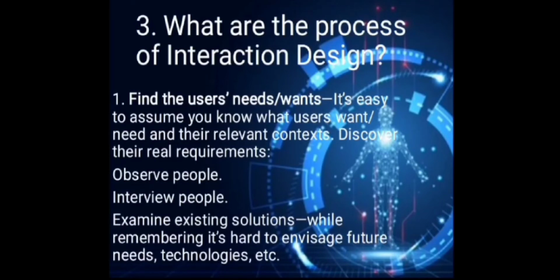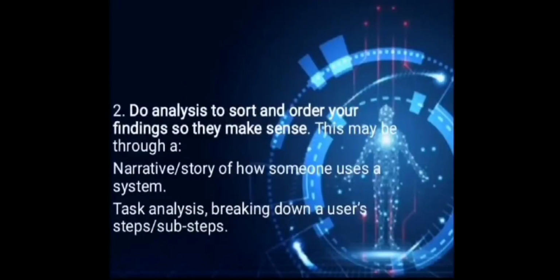Examine existing solutions, while remembering it's hard to envisage future needs, technologies, etc. Second is to do analysis to sort and order your findings so they make sense. This may be through a narrative or story of how someone used a system, or task analysis, breaking down a user's steps or sub-steps.